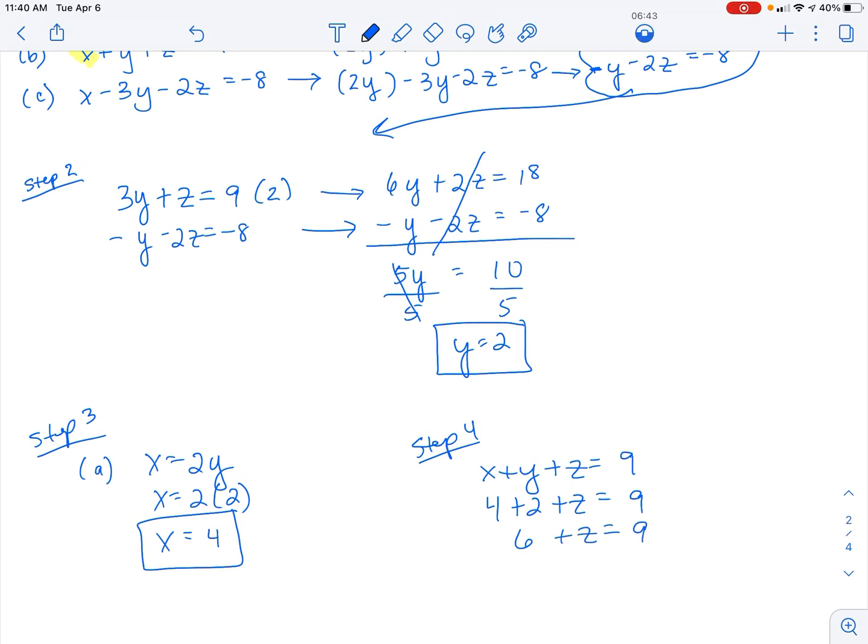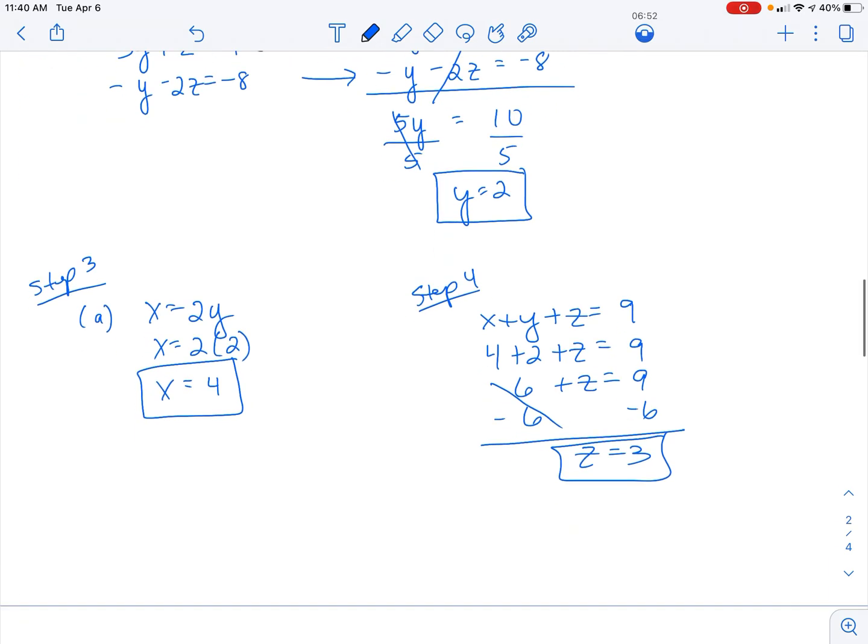And to solve this all the way through using every step, you're going to have z equals 3. So there's the value of each one of our variables. So how do I write this as an answer? We write it like this, where we're going to have x, y, and z. We have 4, 2, and 3, and that is the answer to that problem.